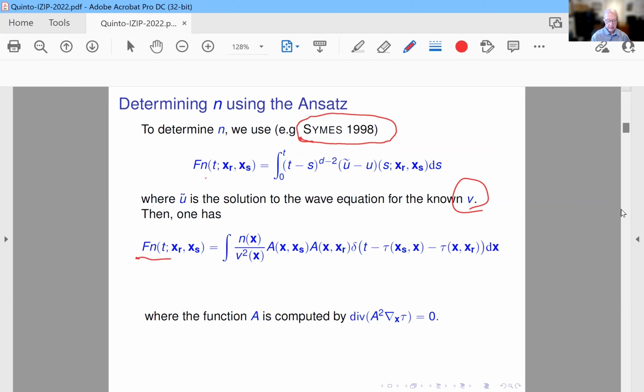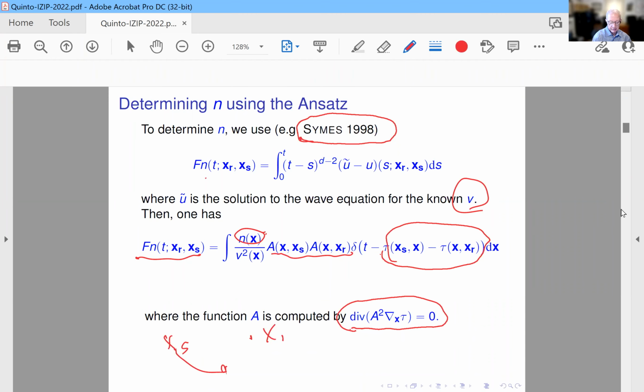Then Syme shows that this operator can be written as our function n that we're looking for over the known velocity times this function a, where a is given by the divergence of a squared del x of tau is 0. And then for each t, we integrate over the surface of points where the distance from xs to x and then to xr, that sum is equal to t.